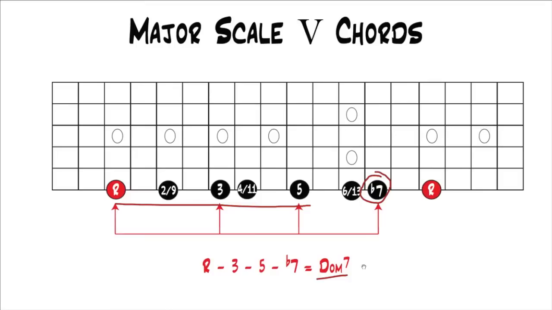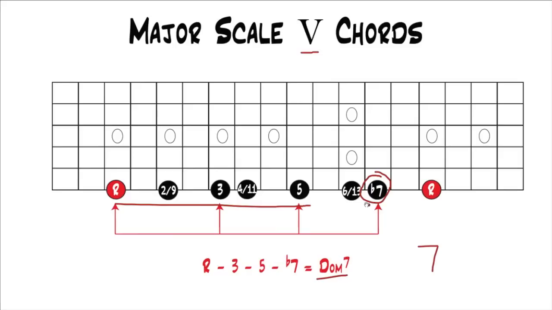So the 1 chord, the 4 chord, and the 5 chord are all major triads, but when you get to the 7th, that's the difference between a 5 chord or a 1 chord and a 4 chord, because the 1 chord and the 4 chord have major 7ths in them, and the 5 chord has a flat 7 or a minor 7, as you already know.